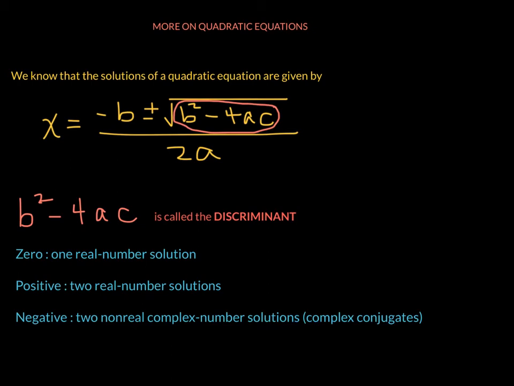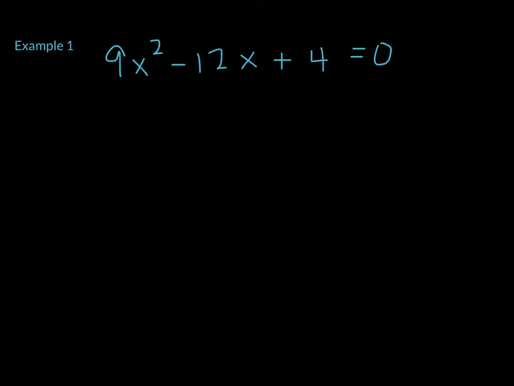All right, so we're going to look at some quadratic equations. We will evaluate the discriminant, and that will tell us what kind of solutions we have. In our first example, we have 9x squared minus 12x plus 4 equals 0. This equation is quadratic, and notice that it is set equal to 0.